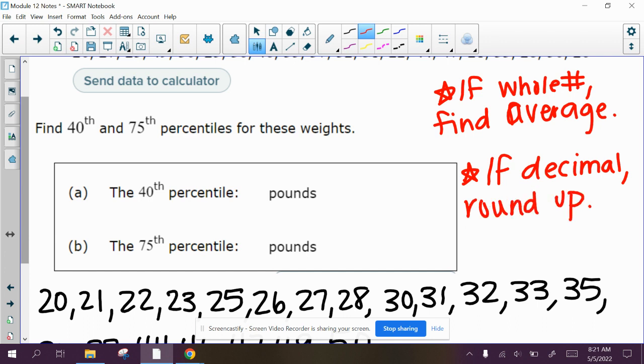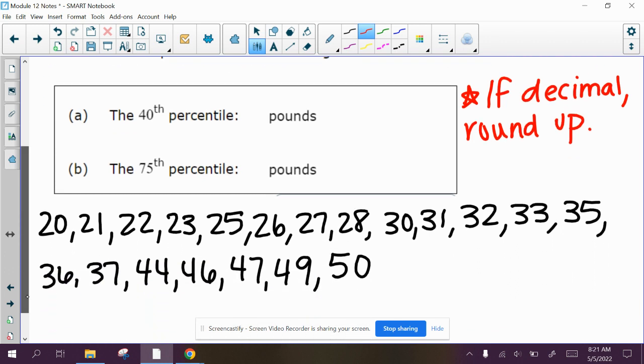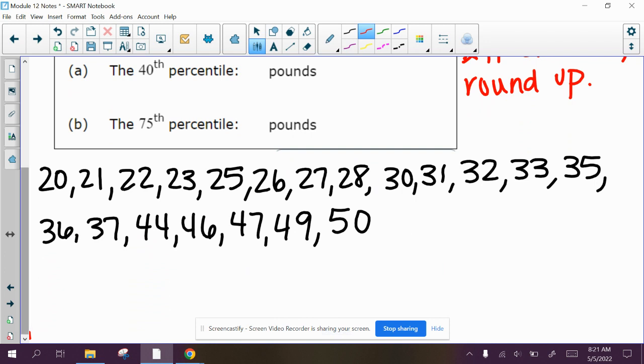In this case, we will not get a decimal, so I won't get to give you an example of that, but that would be like if you got the number 1.86, you would round up to 2 and you would take the second number then. Let's do some percentiles.